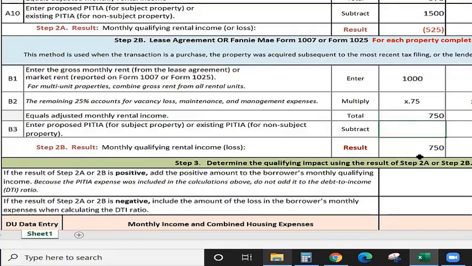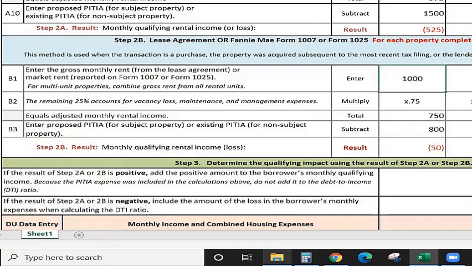Similar to the case above, whatever the current year PITI. Now 1,000 is being received, we took only 750. So now if 1,500 is the current PITI, it is going to be a negative cash flow. Monthly qualifying rental income, it is a loss of 750, or let's make it $800, then it is only 50.